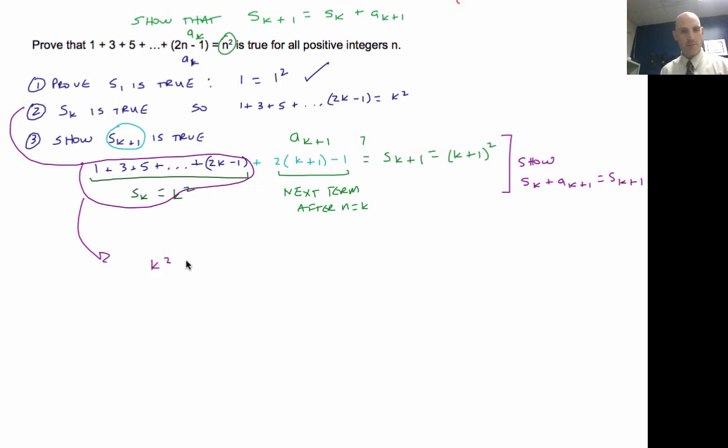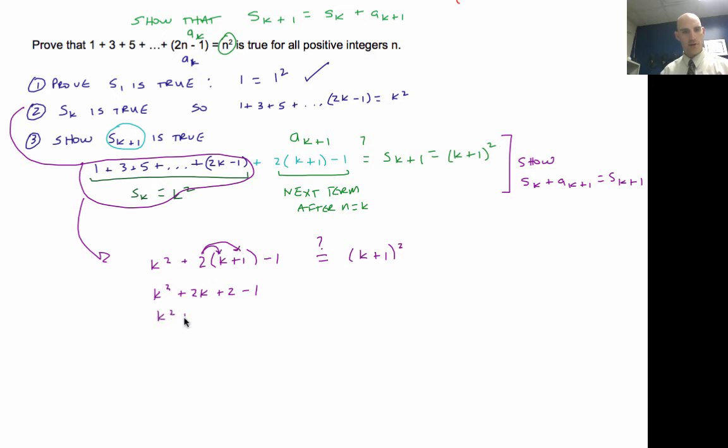So this is already k squared, and what I'm adding to that is simply the next term, 2 times k plus 1 minus 1. And is that equal to k plus 1 squared? This is supposed to be my general formula. Well, if that's my general formula, it's got to be equal to what I already had plus my next term. So let's simplify. k squared plus 2k plus 2 minus 1, because I distribute in this 2.